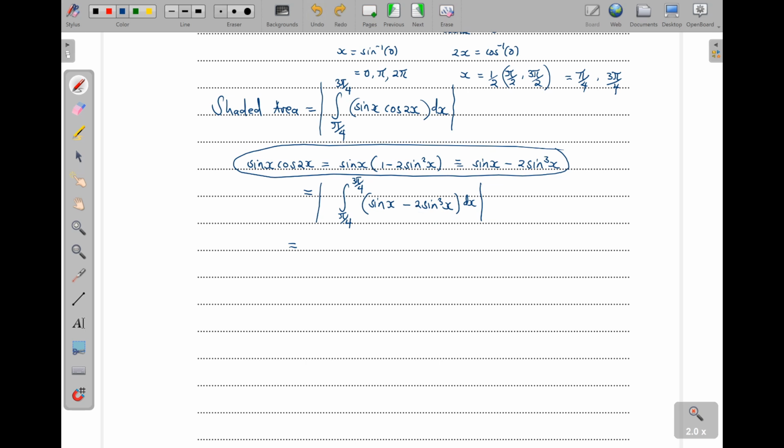Okay, so what are we going to have here? Using the Pythagorean identity, this sine cubed x is the same as sine of x times sine squared x. Are we there? Then the sine squared x, I will express it in terms of the cosine. So 1 minus cos squared of x.